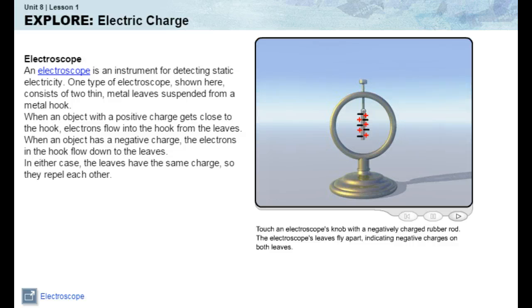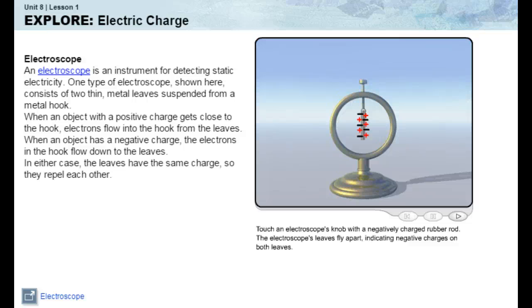So, today we're going to talk about the electroscope. This is an interesting instrument for detecting static electricity. One type of electroscope shown here consists of two thin metal leaves suspended from a metal hook. You have the opportunity today to make one after you watch the recording.